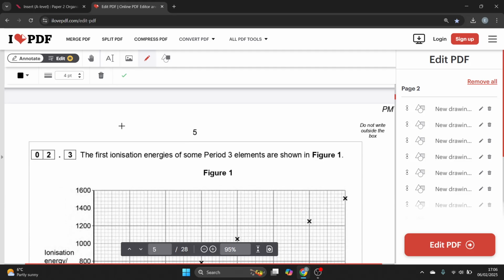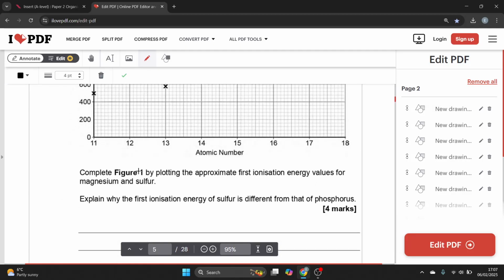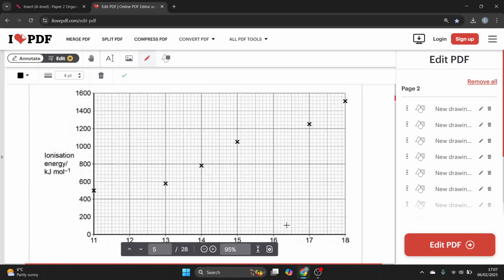The first ionisation energies of some Period 3 elements are shown in Figure 1. Complete Figure 1 by plotting the approximate first ionisation energy for magnesium and sulfur. So we need one here and one here. That's what we're trying to plot.